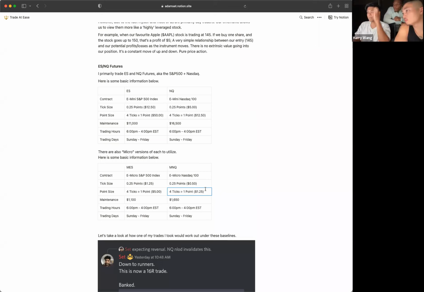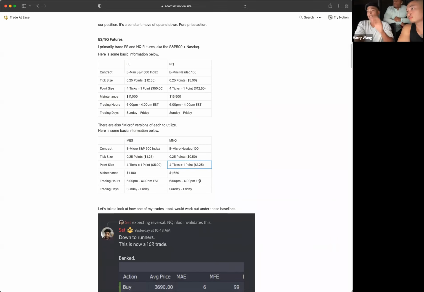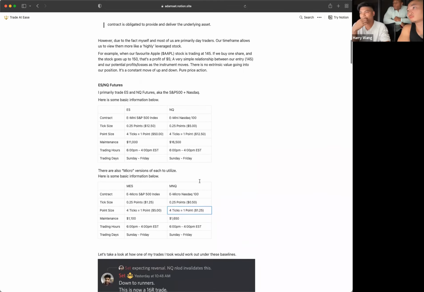Moving forward, the nice thing about futures is that, again, it's a linear relationship. Eugene Yang asks a question: your account has to be 16.5 to play NQ. That is the maintenance requirement. However, each brokerage has different margins, therefore the leverage you'll take on is going to be different.